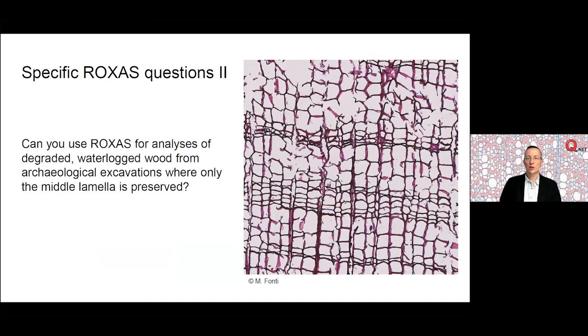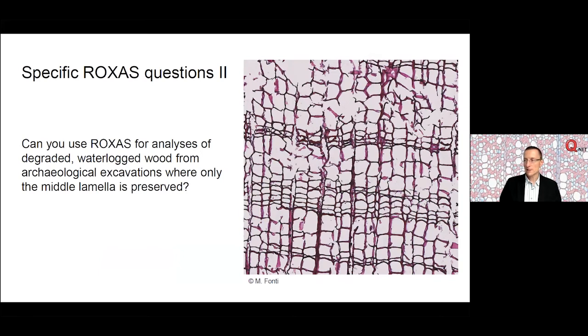And the second question was related to whether it is also possible to analyze decayed wood in the extreme case where there is only the middle lamella still present. Now, what you see here as a picture is showing more than the middle lamella. Still, this is what I could dig out. Thank you very much, Marina, for making this image. This is also old wood, relict wood that was buried in the sediments. And you see there is a degradation, and you realize where the problem is.